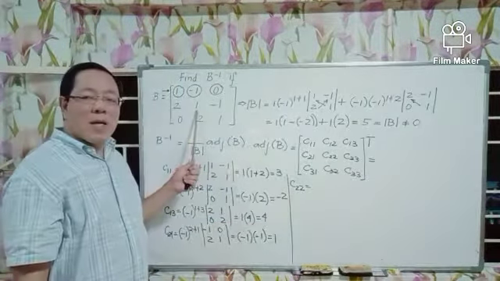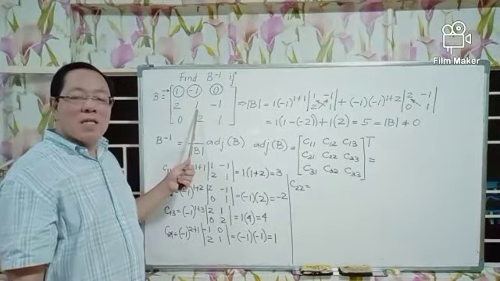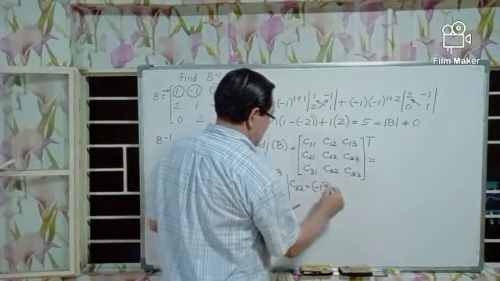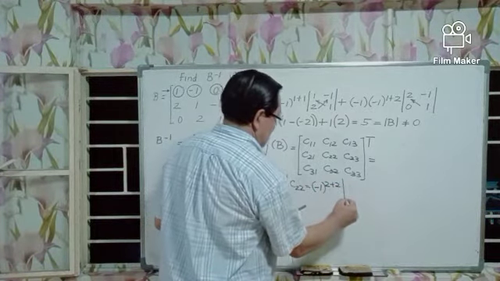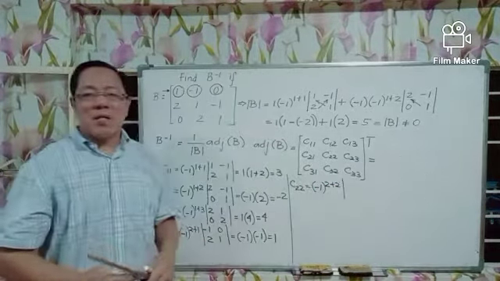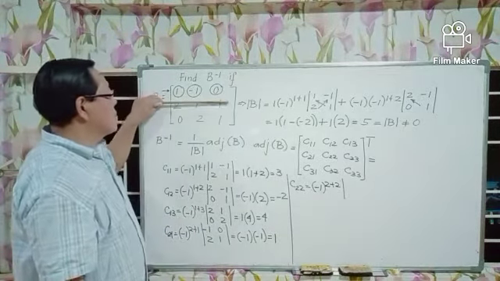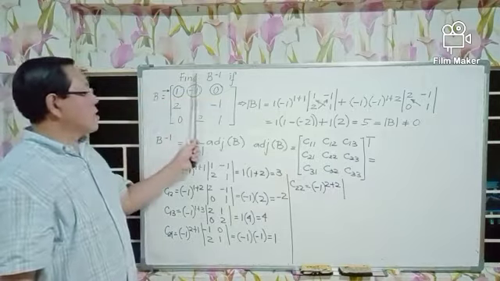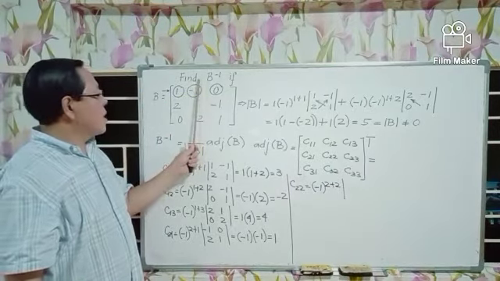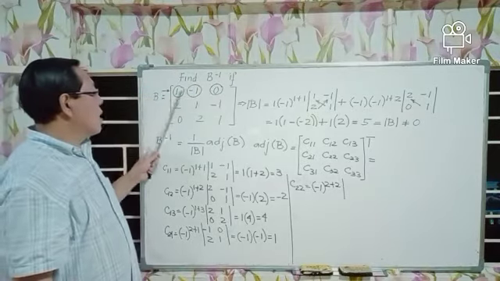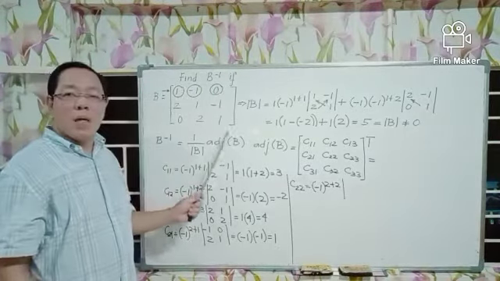The row number of 1 is 2, column number of 1 is 2. Multiply by determinant of order 2 obtained by deleting the second row and second column of matrix B. And the entries that remain are 1, 0, 0, 1.